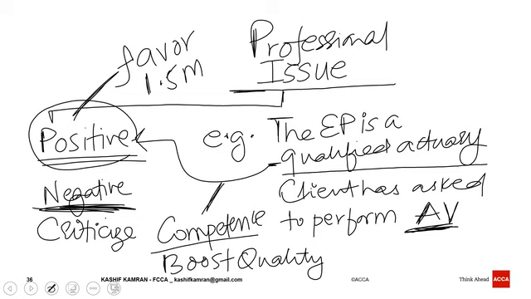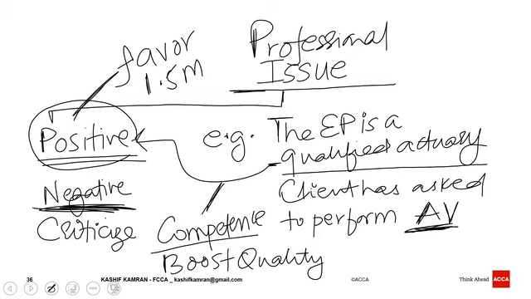Will I tell the examiner that this negative issue leads to an impact on quality? Or this negative issue leads to compromise of quality? So professional things link to quality, right? Either professional issues will boost your quality or professional issues will impair your quality.